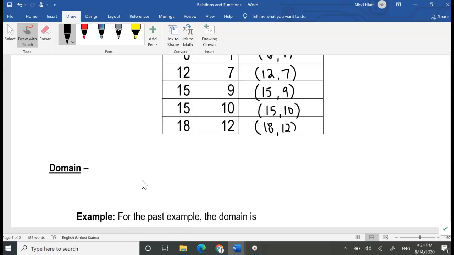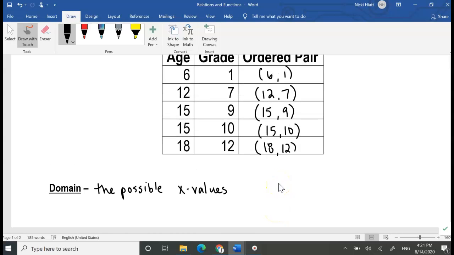Okay. Whenever we talk about relations, we talk about their domain and their range. So the domain is the possible x values. For example, for the past example with the students, the domain would be the list of all of the ages right here.